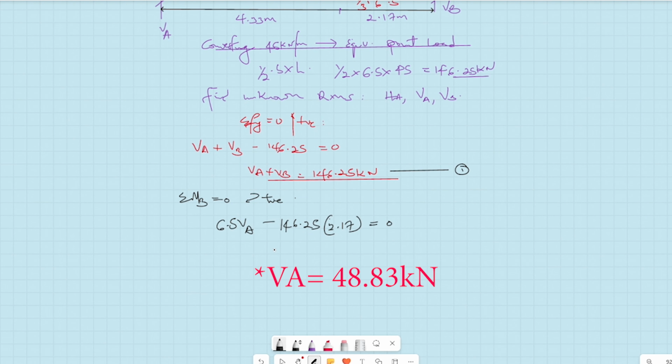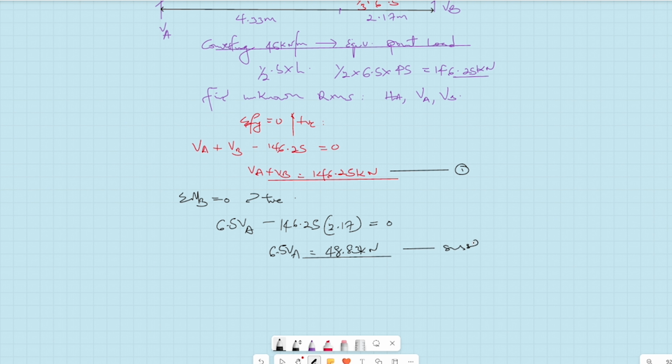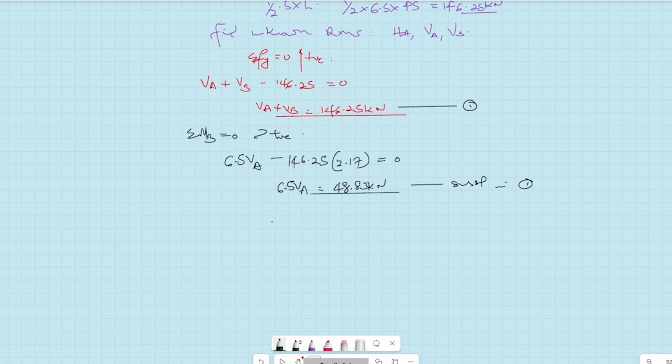So from there, 6.5 VA should be equal to 317.36 when you solve that, giving VA as 48.83 kilonewtons. So let's substitute this back into equation 1. So what do we have? Then VB will give us what?